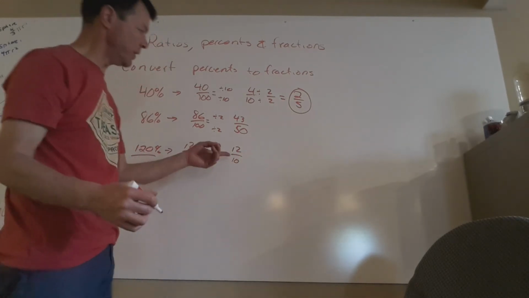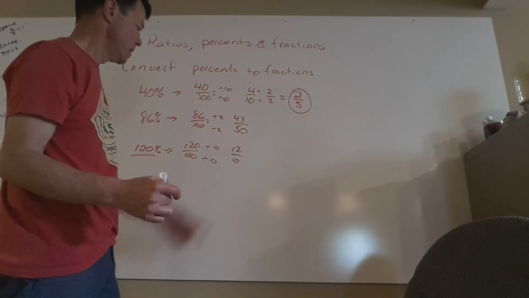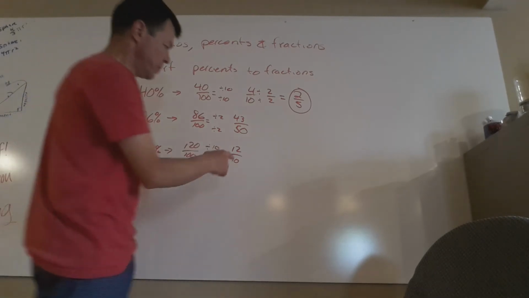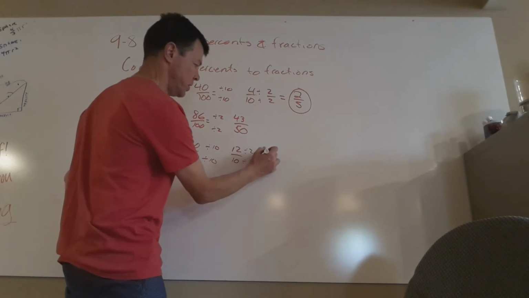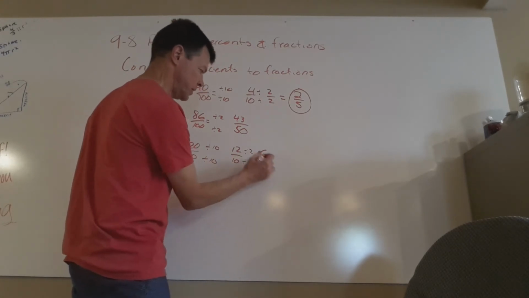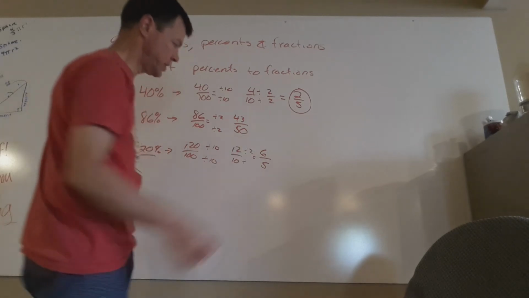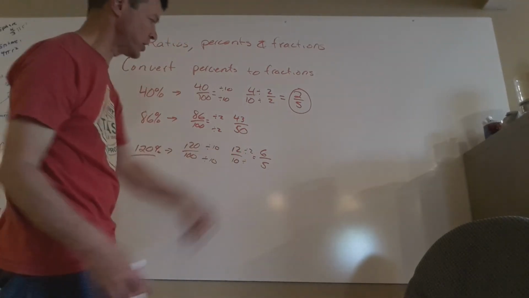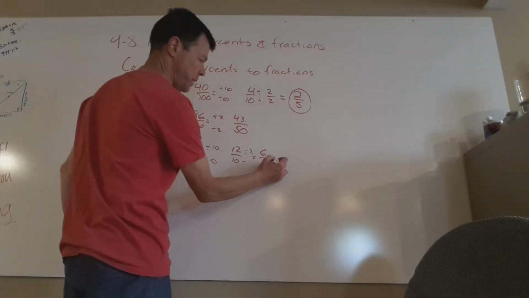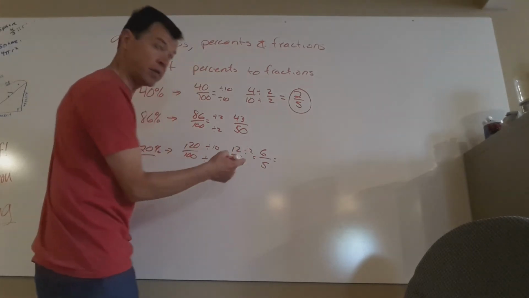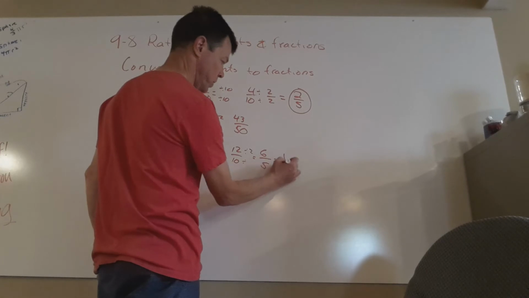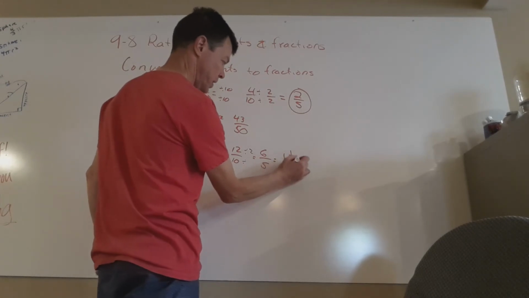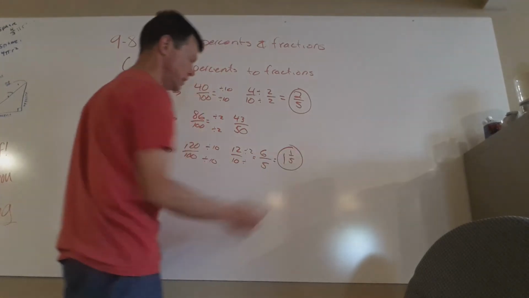Well, they're both even, so I know that's not in simplest form. Divide them by 2 again, and you have 6/5. 6/5 is your improper fraction. To get it absolutely in simplest form, you need to convert it to a mixed number. How many times does 5 go into 6? That would be 1, and then there's 1 left over: 1 and 1/5.